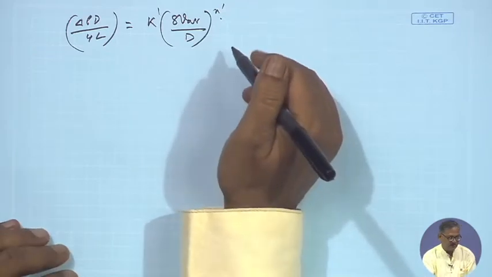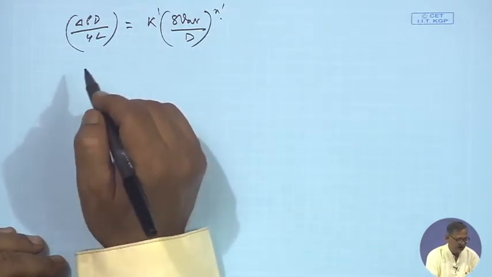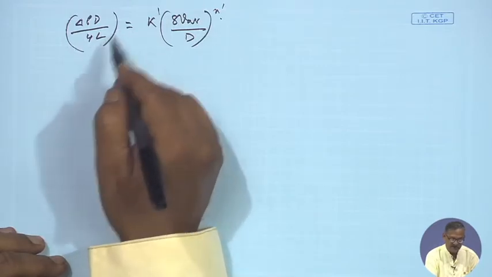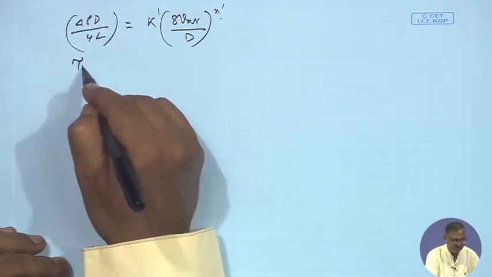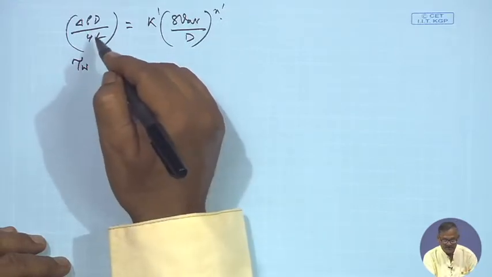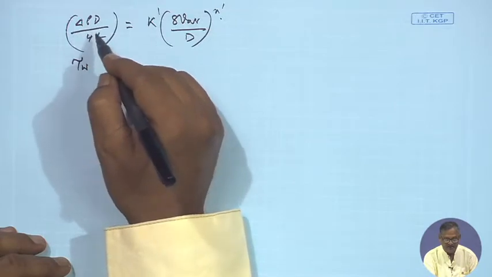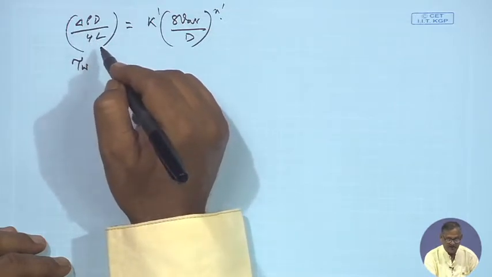If we rewrite this equation, this is nothing but tau w, because the shear stress at the wall is delta P d by 4L.